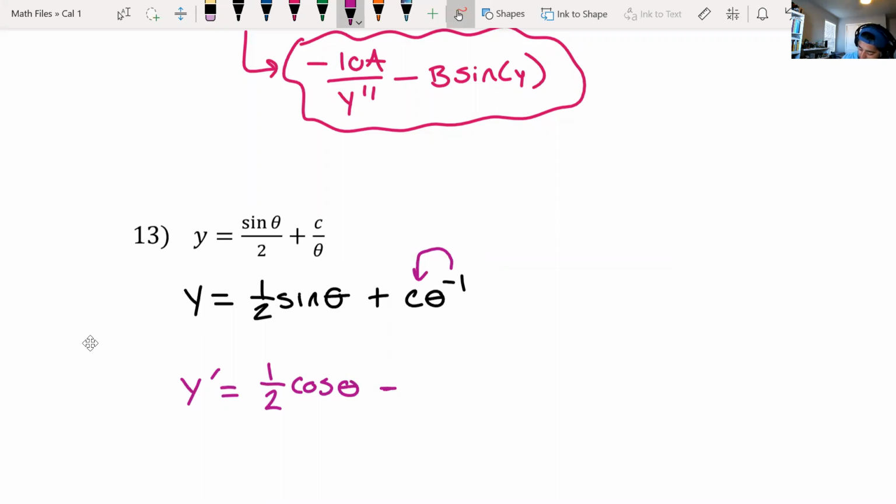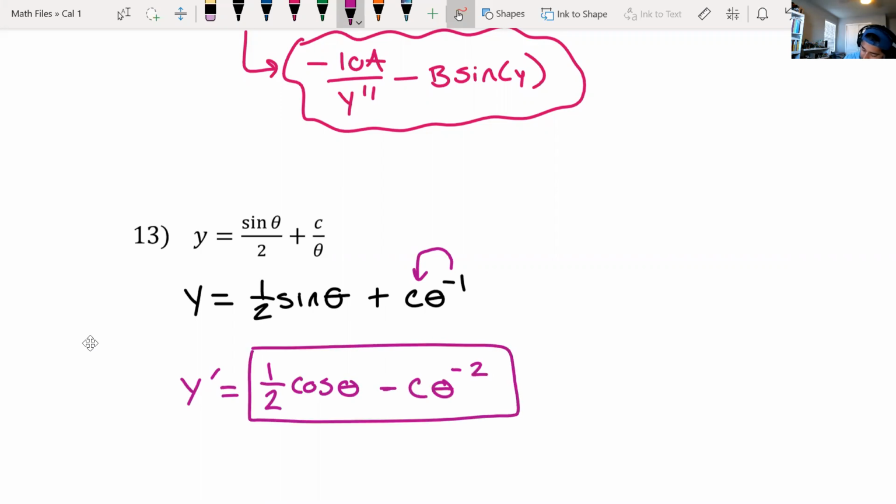So -1c times theta to the what? -2. There you go. Perfect. Or 1/2 cosine theta minus c over theta squared.